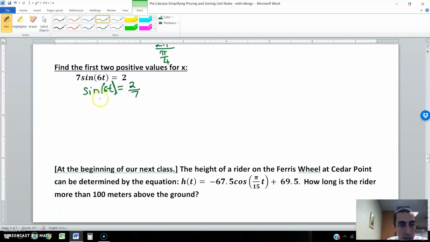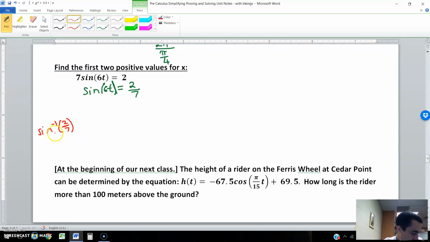And then we want to find which angle has a sine of 2/7. So we want to get out our calculator, and I'm going to write this over here in red. Do the sine inverse of 2/7. And I put a note in your paper notes that this should be in degrees.